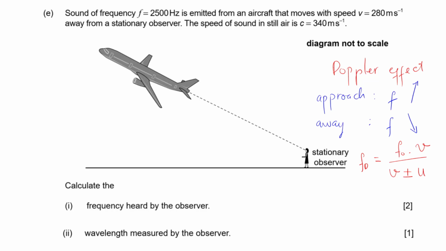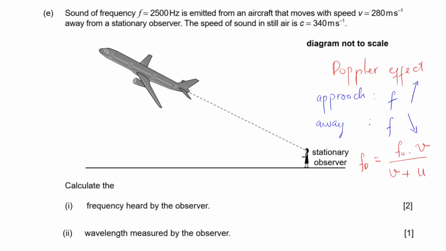In this case, the airplane is moving away from the observer, so we will use the plus sign instead of the minus sign.